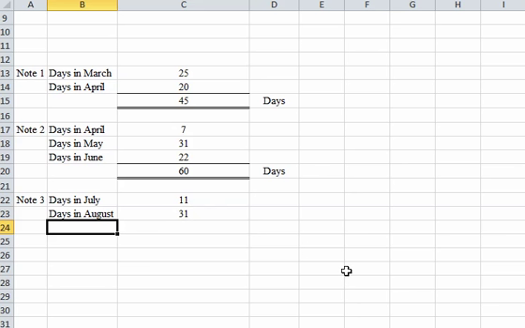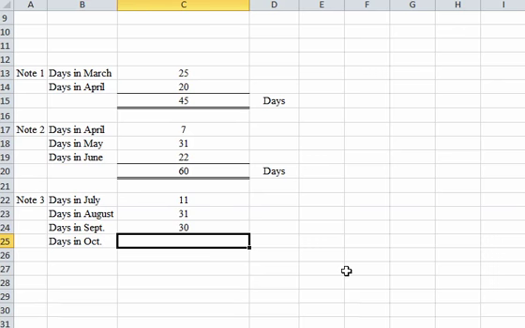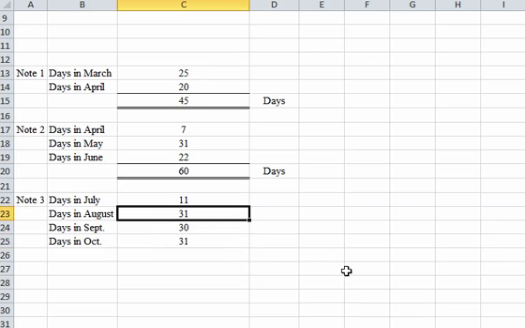That gets us to 42. Days in September, 30 days, so that's 72. Let's keep going. Days in October, 31, so that's 103.